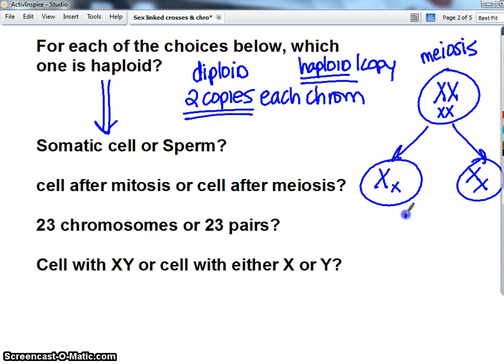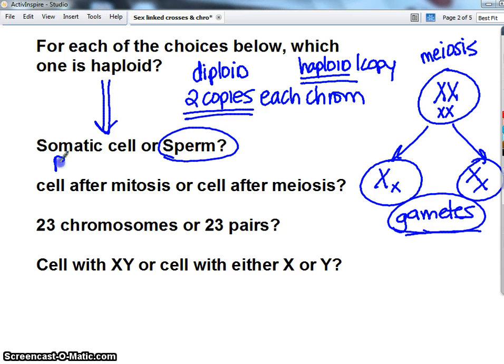And this is how we make gametes. In fact, the only cells in a human that would be haploid would be gametes, or sex cells. So now that you know that, let's go back over here to this. So somatic cell versus sperm, it would be sperm. Sperm's a gamete. A somatic cell is a body cell, which is going to have 2 copies of each chromosome.